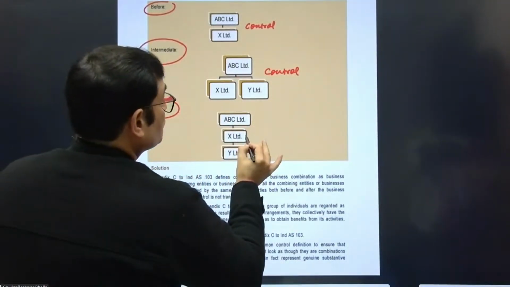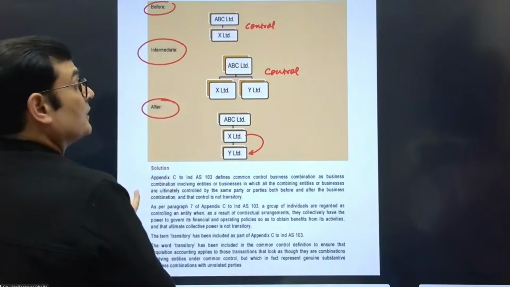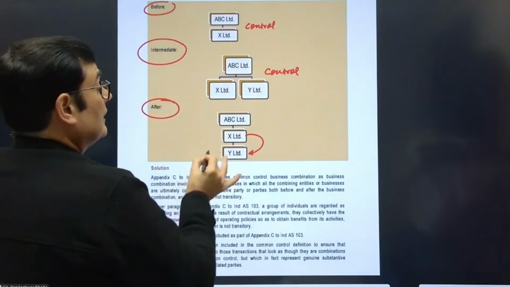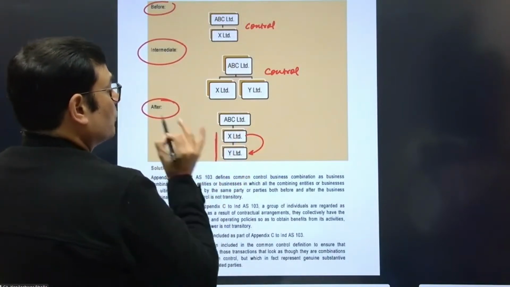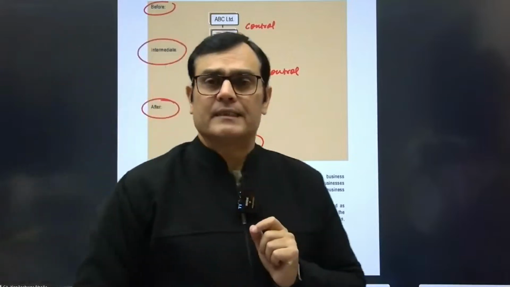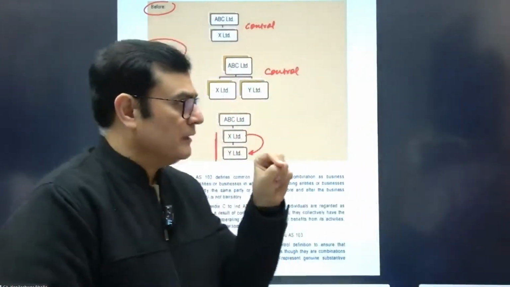Company X took over company Y. Now we are putting a question to ourselves. The deal is between X and Y. Is company X under the control of ABC before the business combination? Is company Y under the control of ABC before the business combination? Please hear the words carefully.